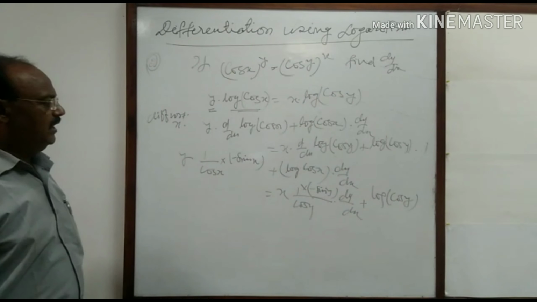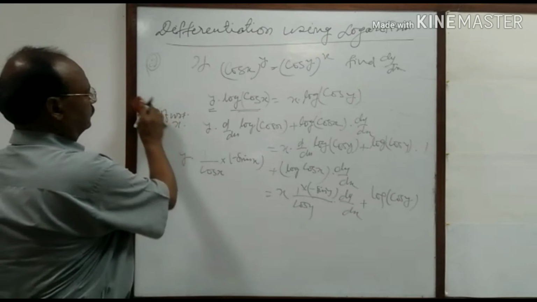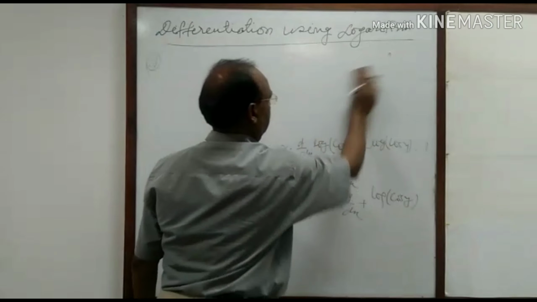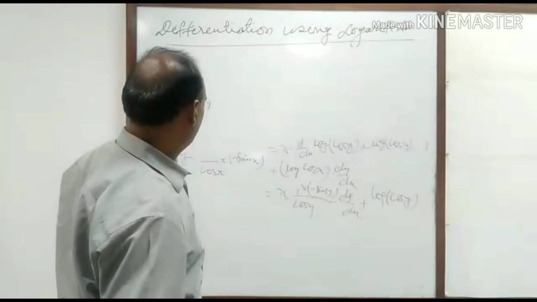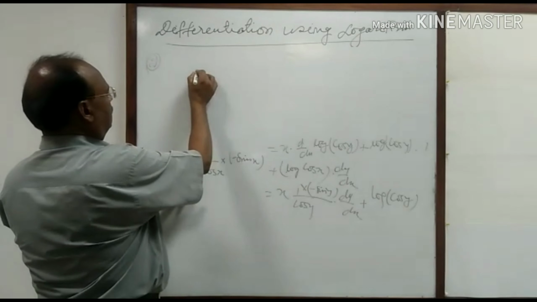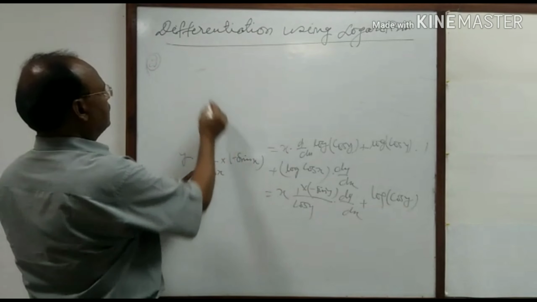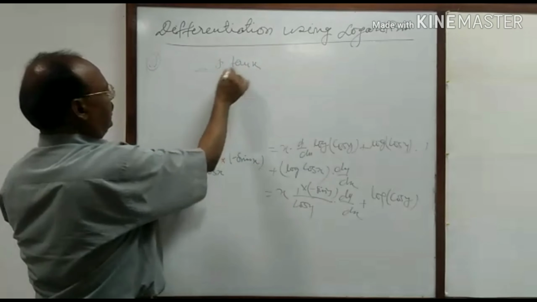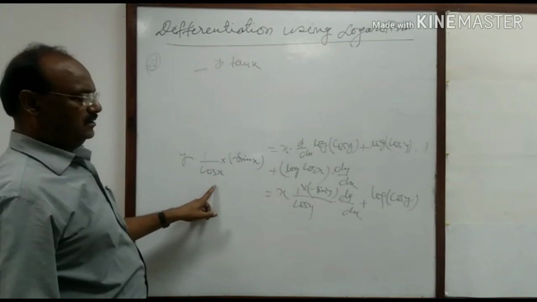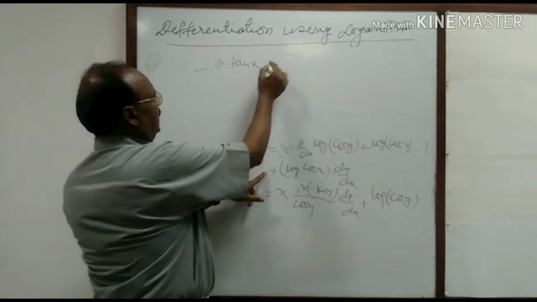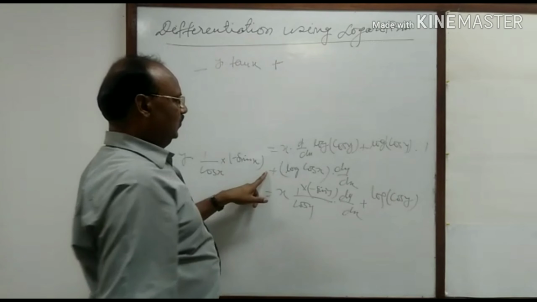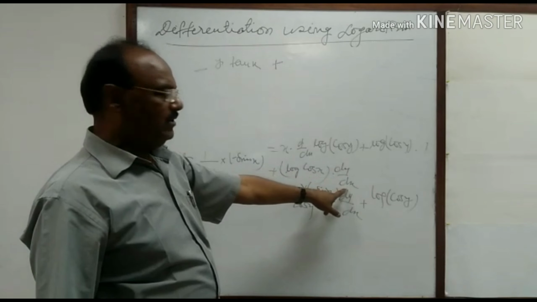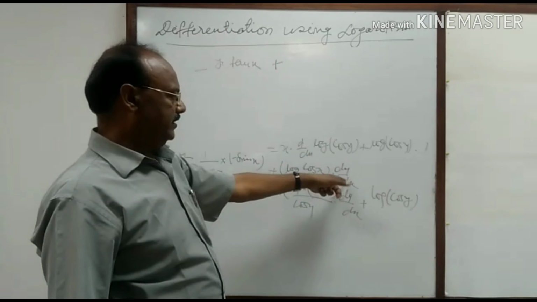Now further we will simplify it. So here this term is minus, so minus y into sin x by cos x, that is tan x, plus, you see here we are having two terms of dy by dx, so we will take dy by dx common in the next step.